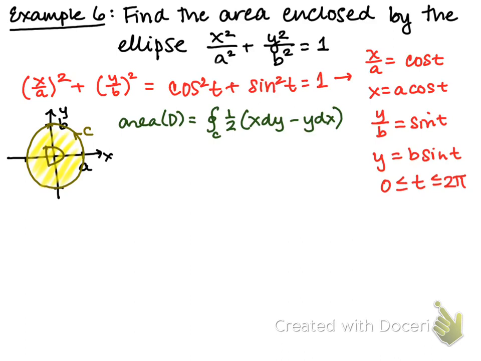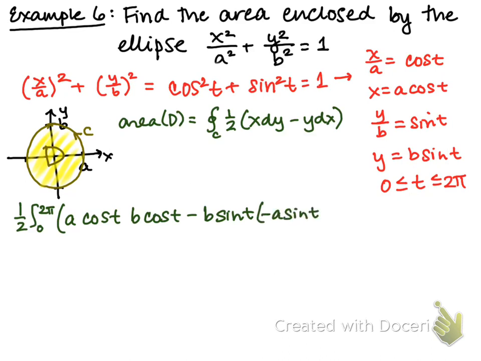So this is going to be 1/2 the integral from 0 to 2 pi of x, which is a cosine t, times dy dt, y prime, which is b cosine t, minus y, which is b sine t, times x prime, which is negative a sine t dt.